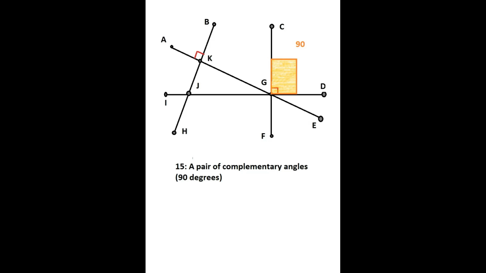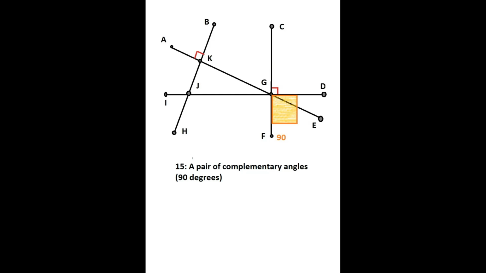Well, if we remember our rule for supplementary angles, if CGD is 90 degrees, then DGF also has to be 90 degrees, because that's a straight line we're looking at right here. See? If we add them both up, we get 180 degrees. Both of these have to be 90 degrees. Now, let's look at this section.